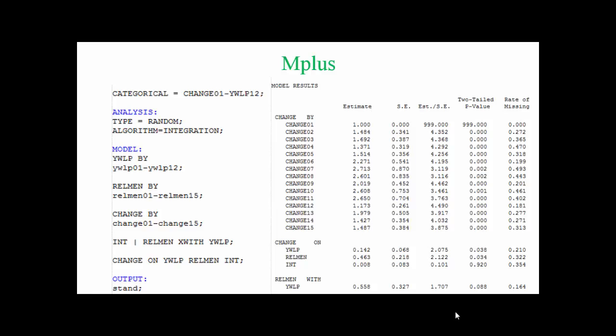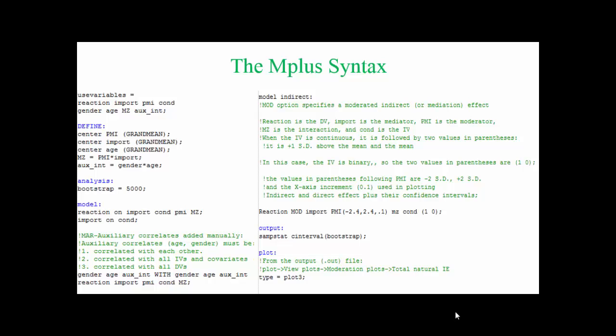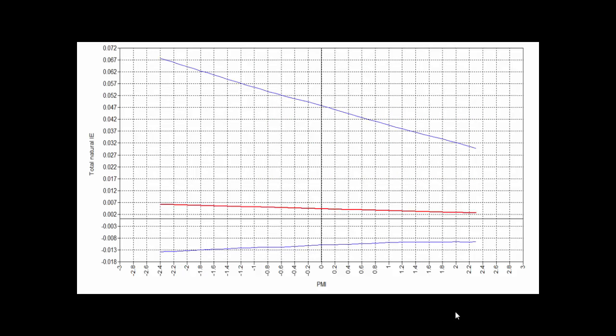It would have to be the last variable in the variable list, because I don't know if you guys noticed earlier, but these auxiliary correlate variables that I created are the last ones in the list. So if you create variables by the define command, they have to be the last ones in the use variables list.